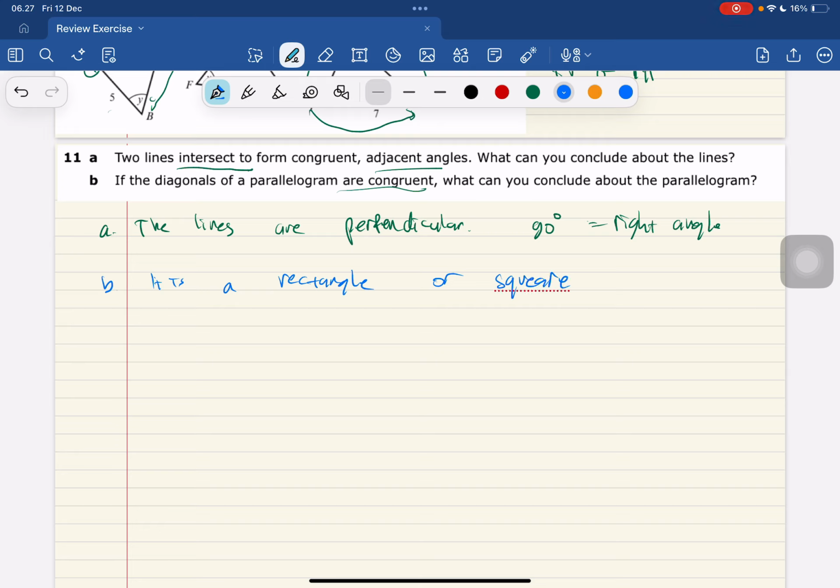You can draw it, and the diagonals will be equal, even for the square.